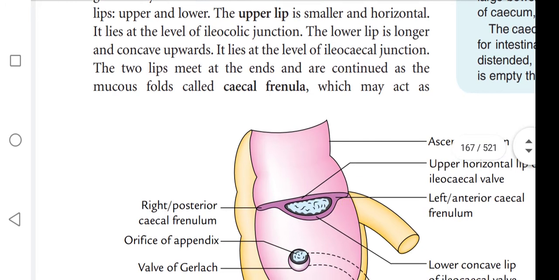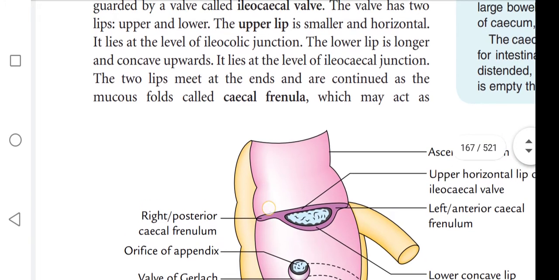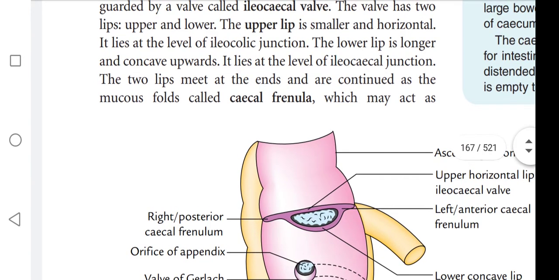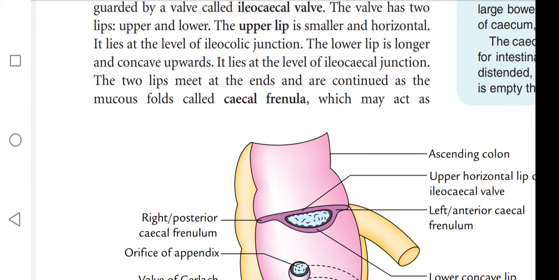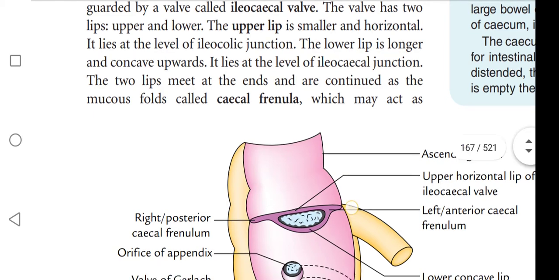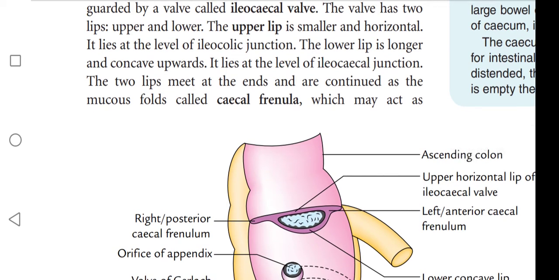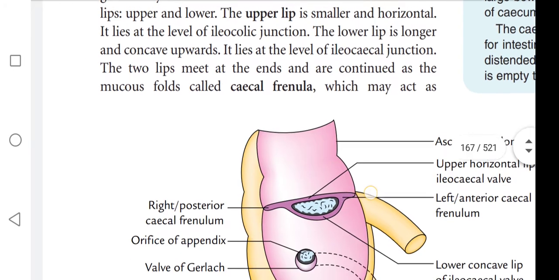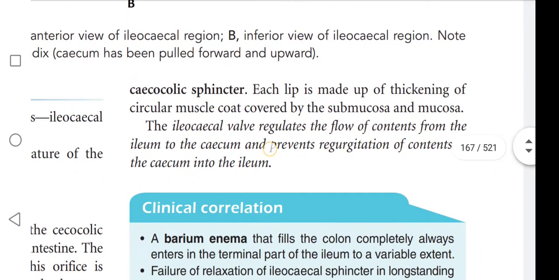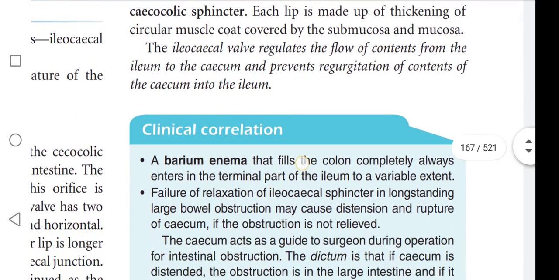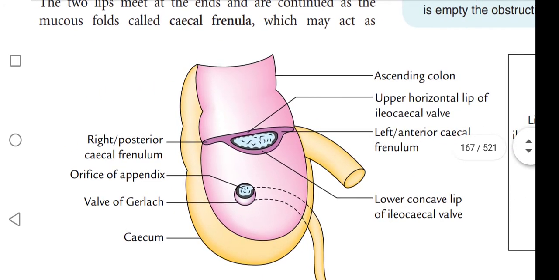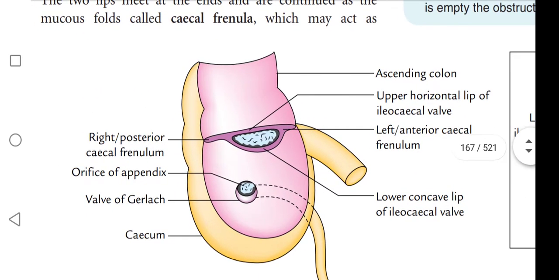The right cecal frenulum is also called the posterior cecal frenulum, and the left is also called the anterior cecal frenulum. These cecal frenula act as the cecocolic sphincters.